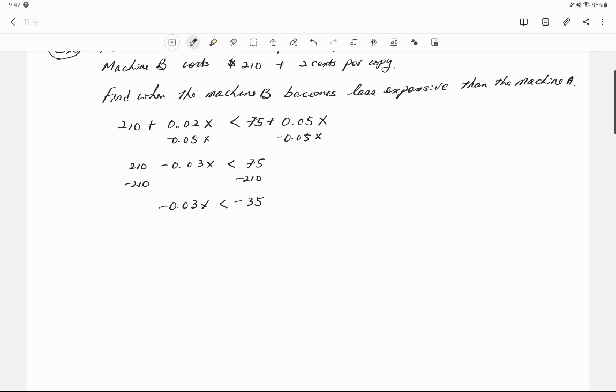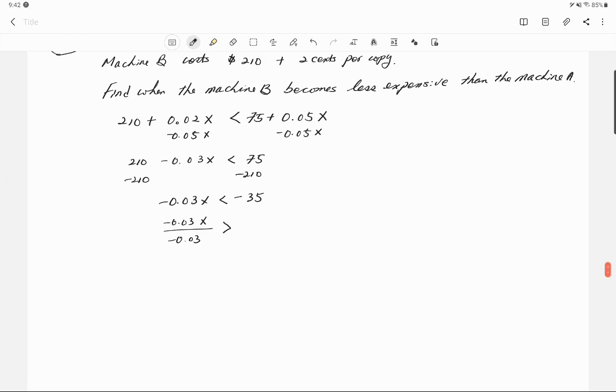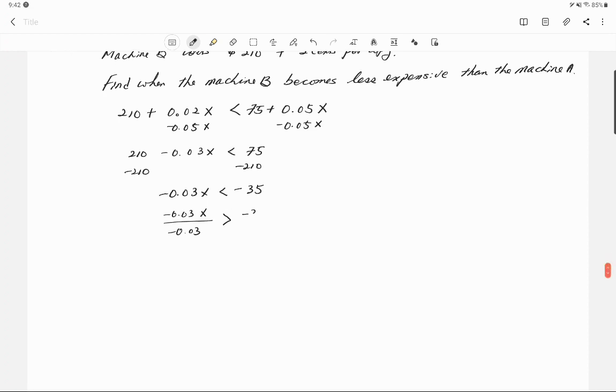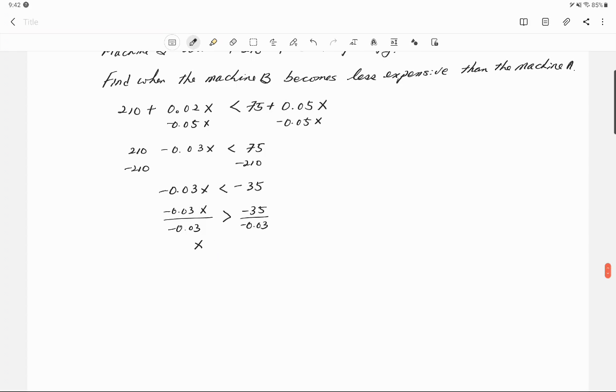Okay. Then we divide each side by negative 0.03. So I want to divide the left-hand side by a negative. Then what happens to the symbol? Change the direction. So negative 135 over negative 0.03. Then the left-hand side is X. So X is greater than what?